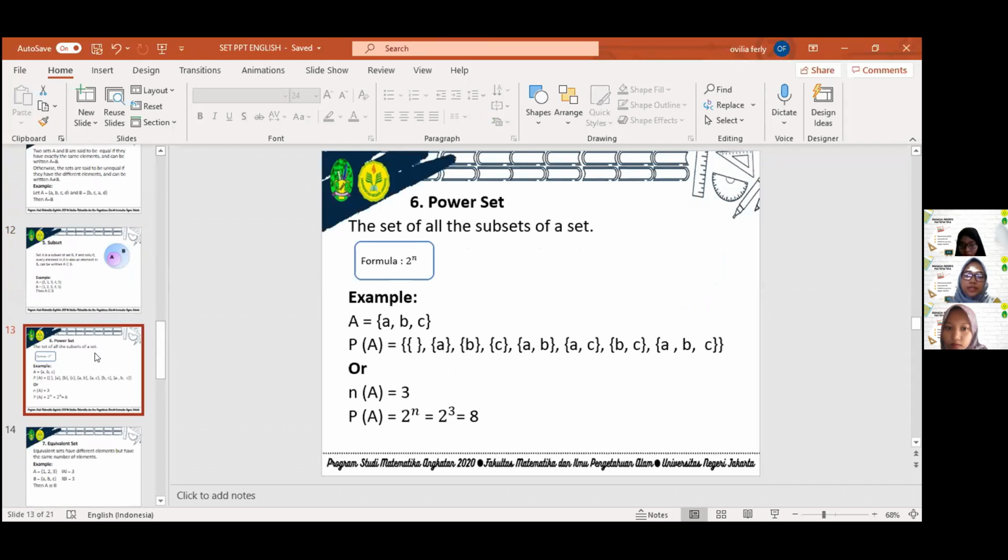I will try to answer your question. Why is the empty set a subset of all sets? It's because every element in the empty set belongs to any set, since the empty set has no elements.